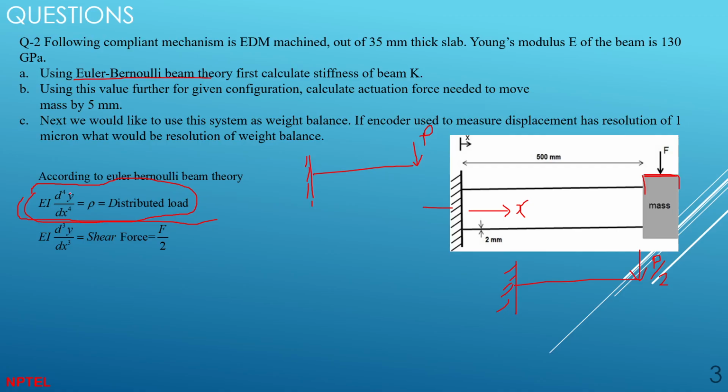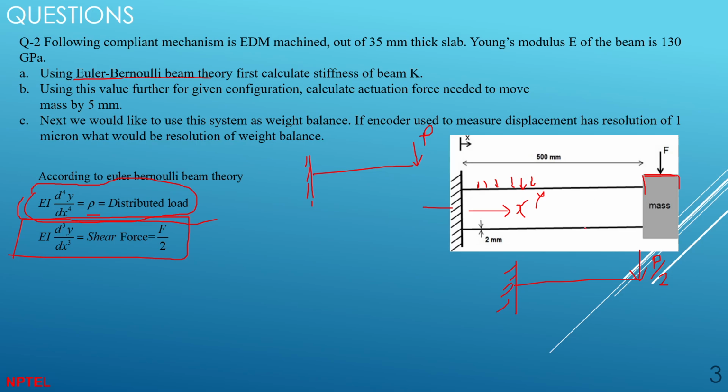If you integrate this part, it is a distributed load. Here we don't have a distributed load. Here we have a kind of shear force. If you integrate this part, you will get a shear force, and you know that the shear force is F by 2 at every point.